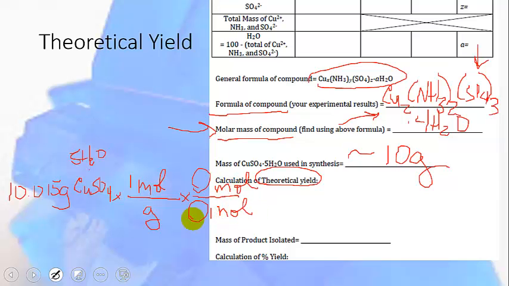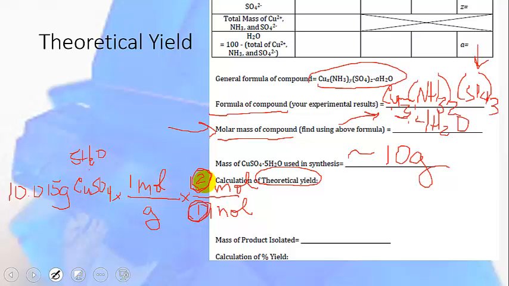The mole-mole ratio of the sulfate down here to your compound, this will be 1 mole of copper sulfate to however many moles you have in your compound. So for our example here, this is a 1:2 ratio.